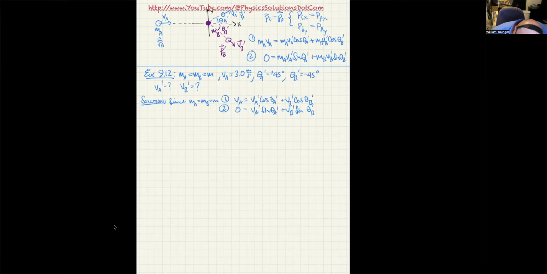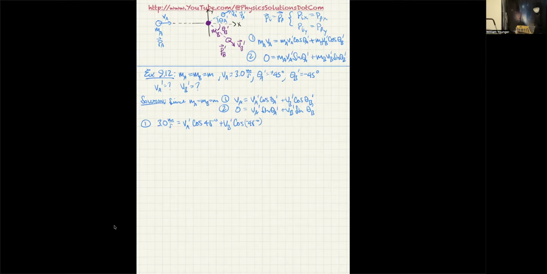So I'm going to say 3.0 meters per second, this is equation 1, is equal to VA prime times cosine 45 degrees plus VB prime times cosine negative 45 degrees.